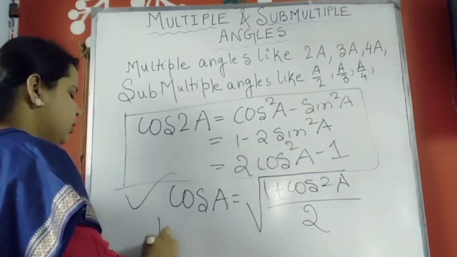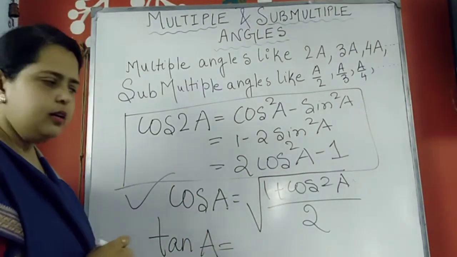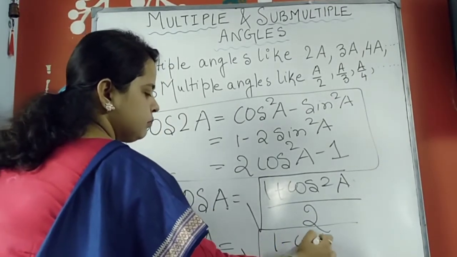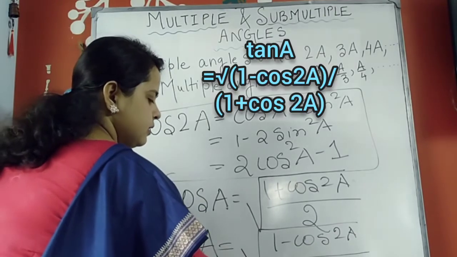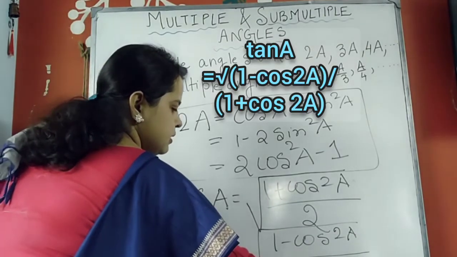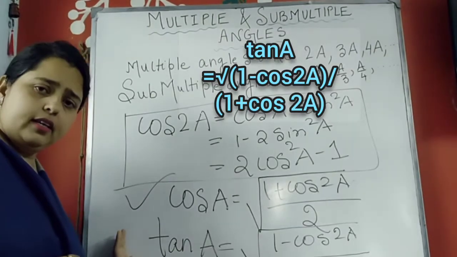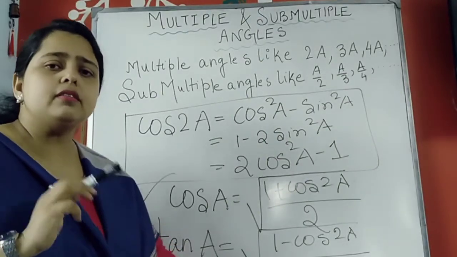And we all know that sine by cos is how much? Yes, it is tan. So in terms of tan also we can remember the formula, and that is this. Please have a look at it. Tan A is root over of 1 minus cos 2A by 1 plus cos 2A.